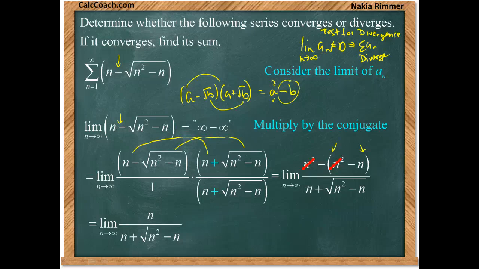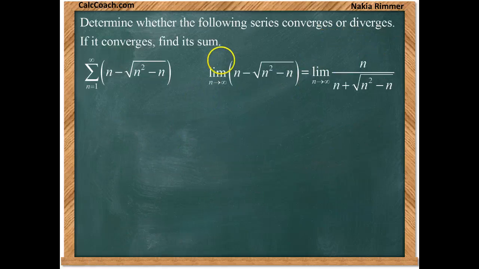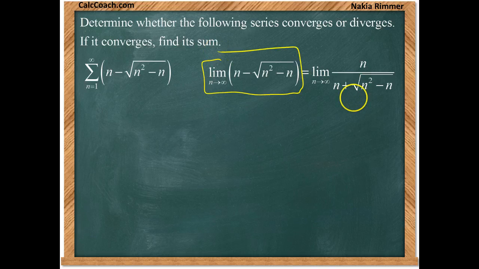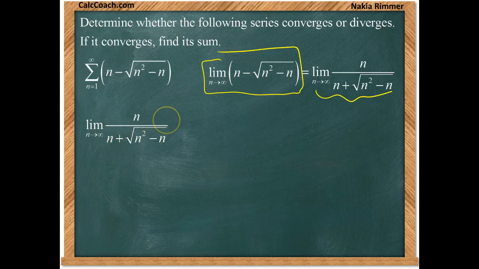We're trying to take the limit of the a sub n terms, and we're at this point here. What we're going to do is algebraically simplify it by focusing on the denominator. In the denominator we have an n and a root of n squared minus n. The highest degree term in the denominator might look like an n squared, but that's underneath a root, so actually the highest degree term in the denominator is n.